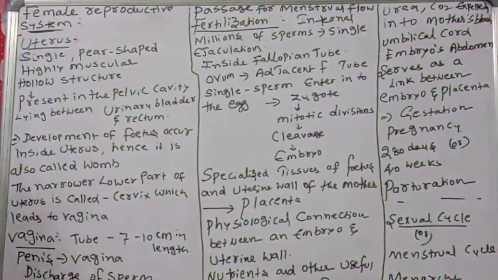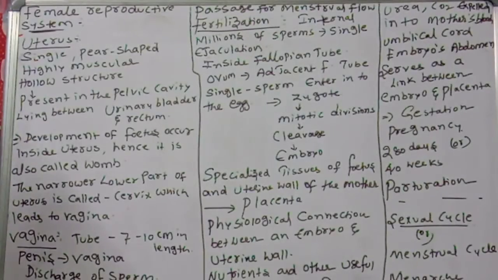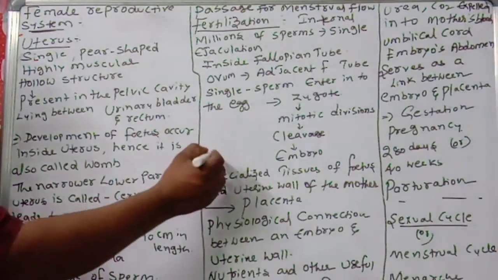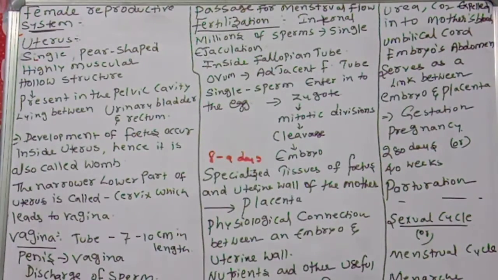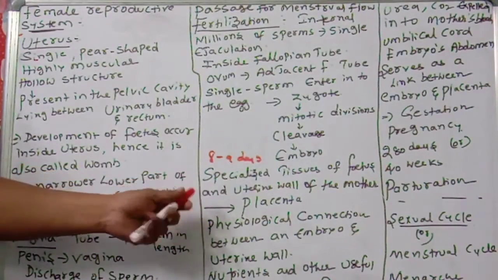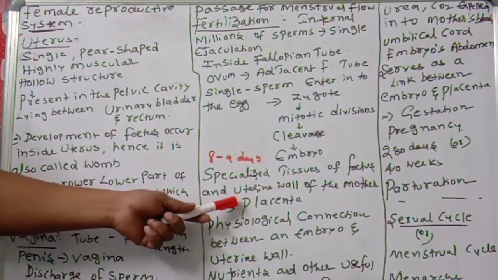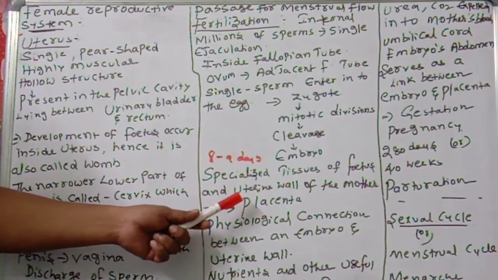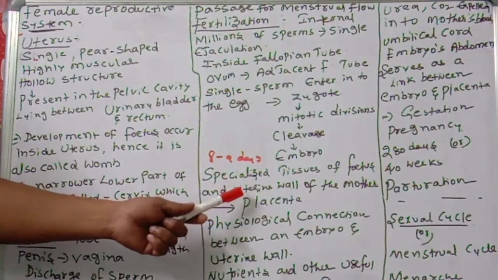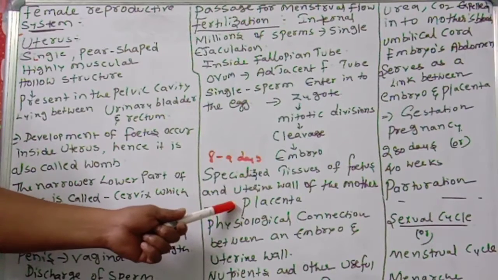One more important point: 8 to 9 days after fertilization, the specialized tissue of the fetus and the uterine wall of the mother together produce a very important structure. Which one? That is called the placenta.